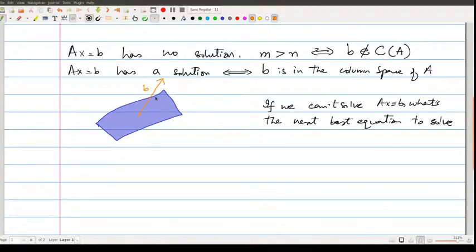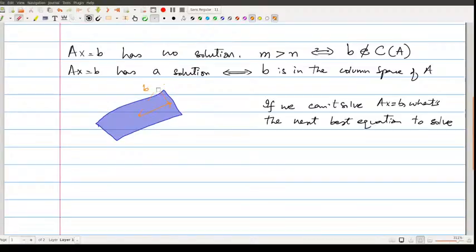If I break it into two components, one component of this vector is inside the column space, and the remaining part is perpendicular to the column space. Let's try one more time to do a good job of making this perpendicular.